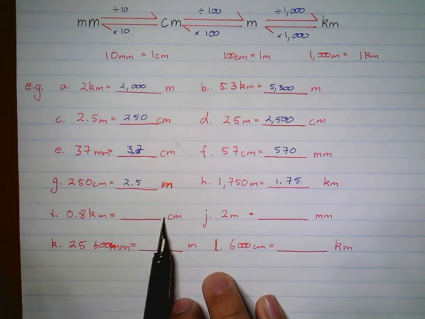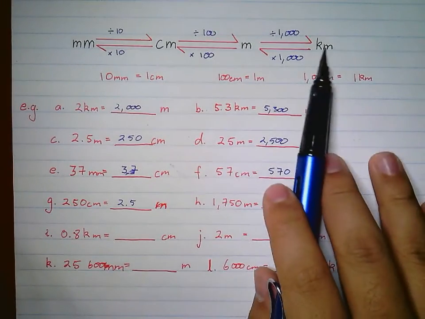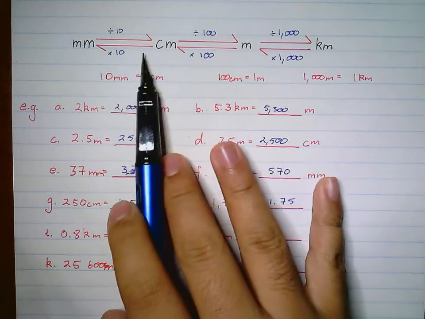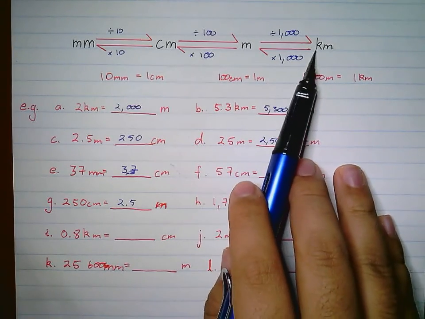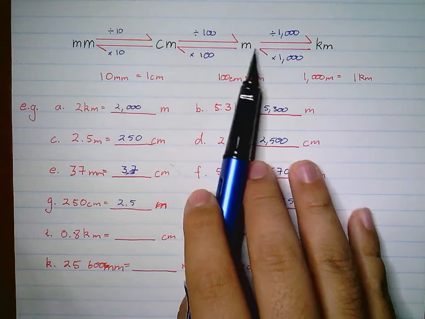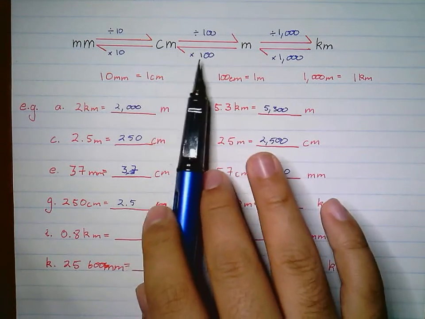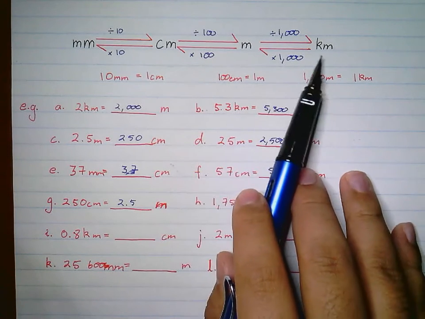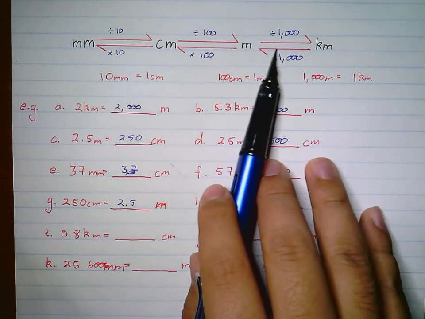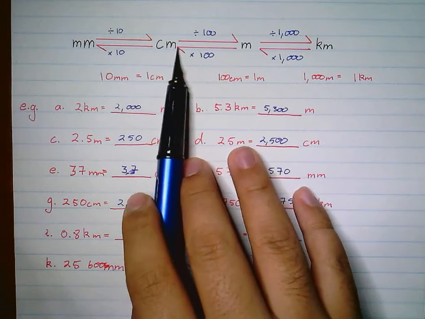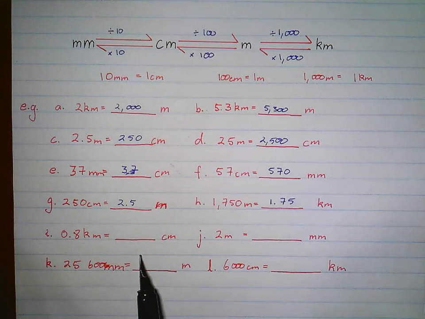Kilometers to centimeters this time. If you take a look, we're going from kilometers to centimeters, so we actually need to first convert to meters, so multiplying by 1,000, and then multiplying by another 100. So we're going from kilometers to meters to centimeters, because that's what the question asks of us.